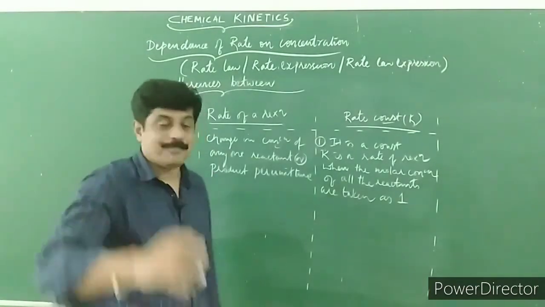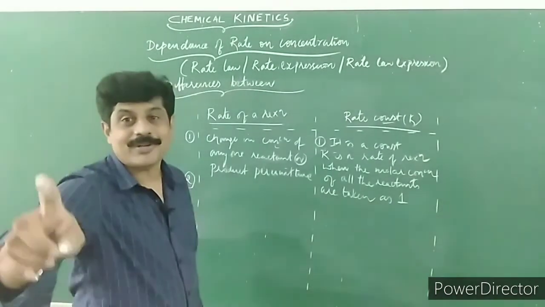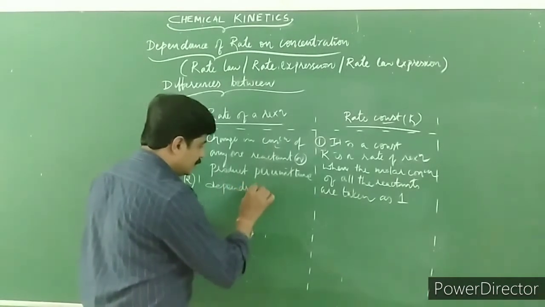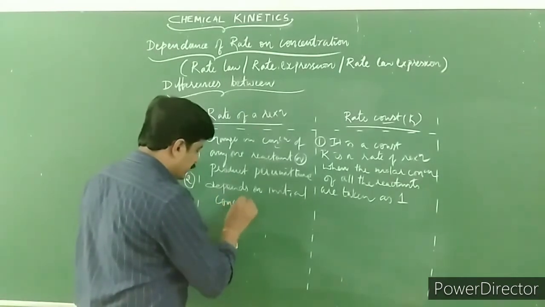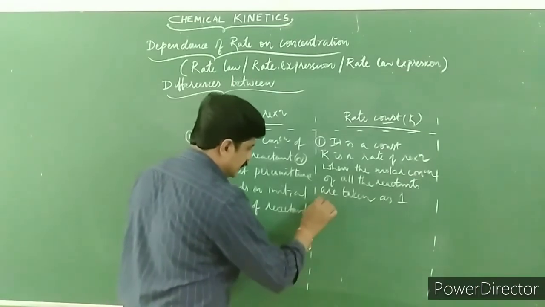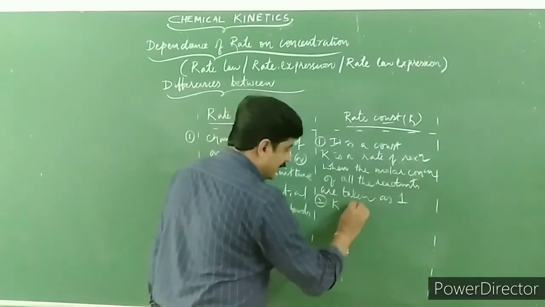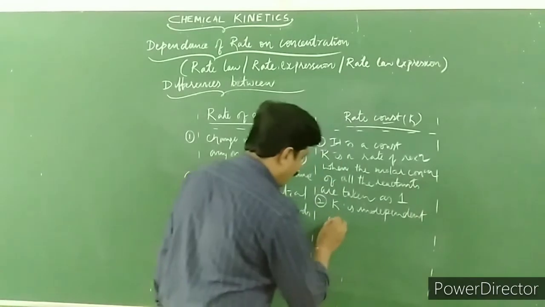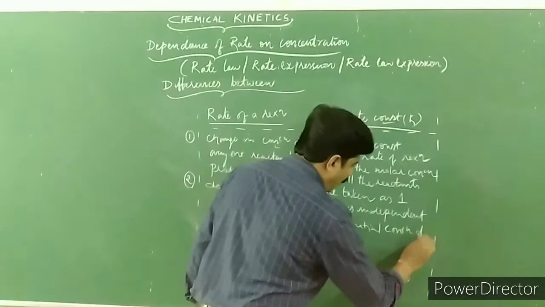Children, always remember the rate of the reaction depends upon the initial concentration of reactants. On the other side, remember the rate constant is independent of the initial concentration of reactants.